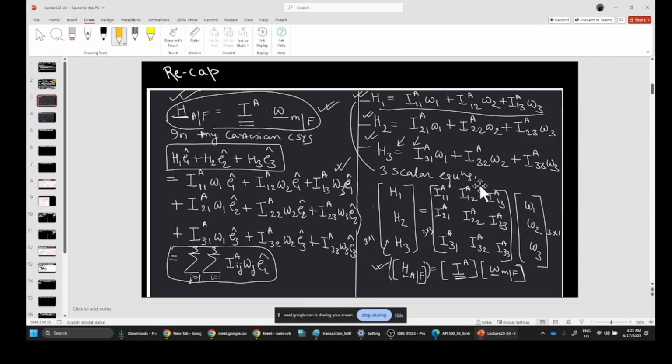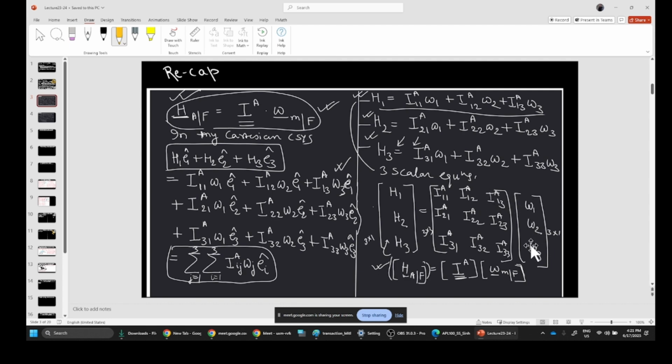And then this 3 by 3 matrix that is appearing here is the matrix of, or the collection of, all the scalar components of the second order tensor in the same coordinate system. Recall, I told you in the last class that once a tensor is second order, you need to have 9 scalar components to express that tensor in a coordinate system. Those are the 9 scalar components of the inertia tensor.